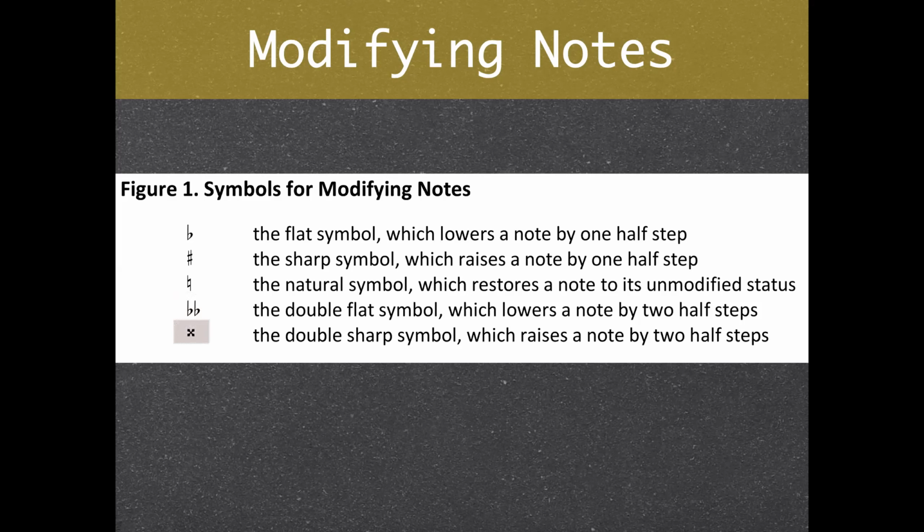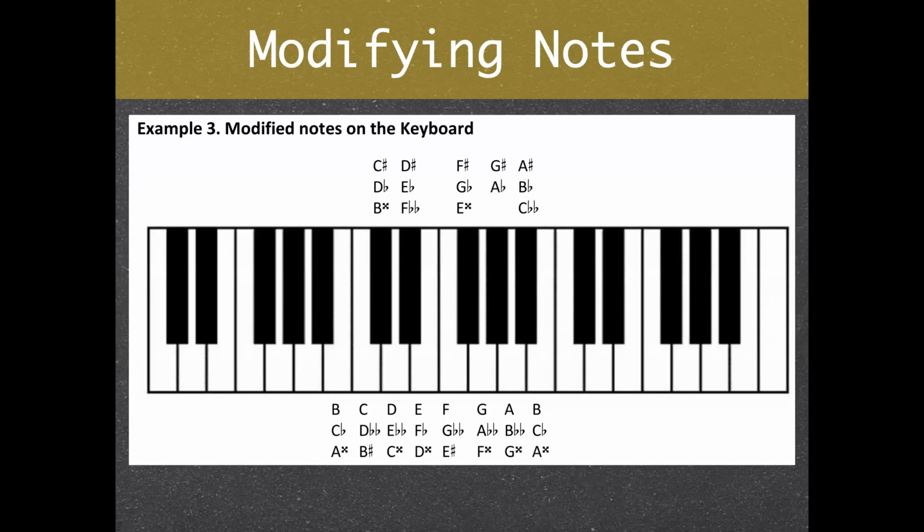Likewise, the double sharp symbol does the opposite process where you raise the note by two half steps. The example again starting with D, D sharp, D double sharp. I want to show you one more example.